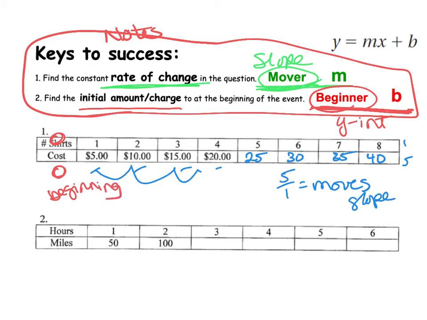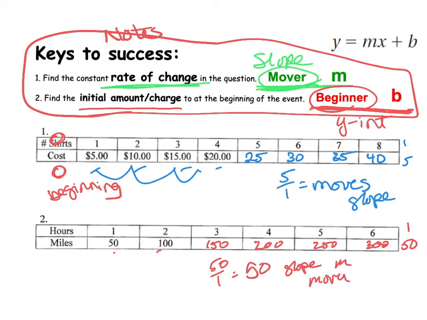Miles and hours. If I filled in the miles, 50, 100, 150, 200, 250, 300. It's going up by 50s down here. The top, the hours, the x is going up by 1. 50 over 1 is 50. That's our slope. That's our m, our mover.